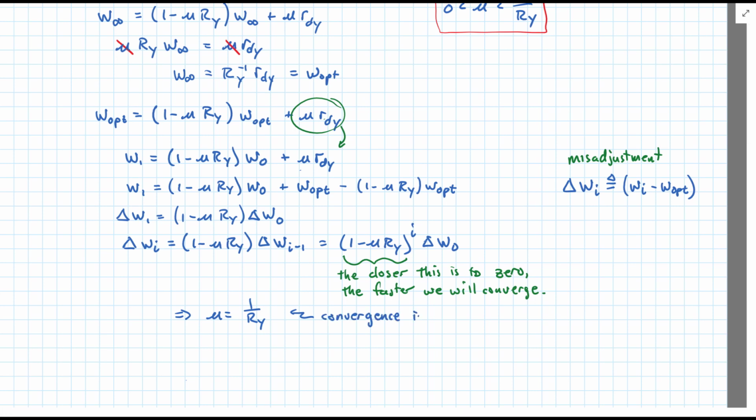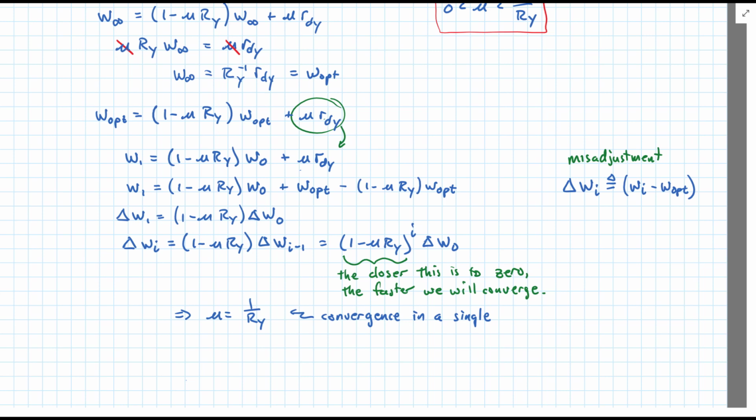This shouldn't come as too much of a surprise, because if we can invert Ry, which in the one-dimensional case is just 1 over Ry, then we can come up with the optimal solution right away. So once again, if we can invert Ry, even in our gradient descent, we can come to the optimal solution very, very quickly. In general, though, we don't want to do that. One dimension might be hard, many dimensions is more difficult, but that gives us some idea.